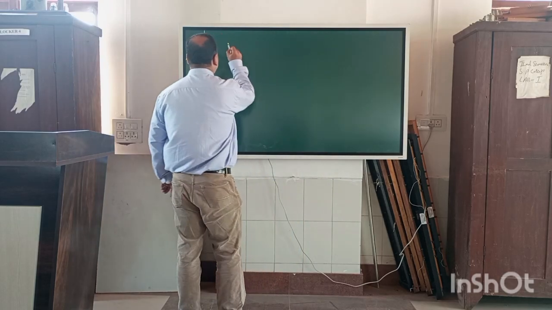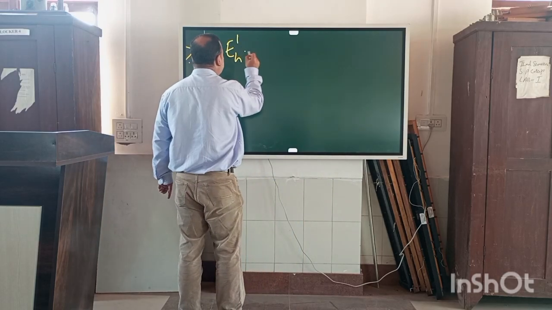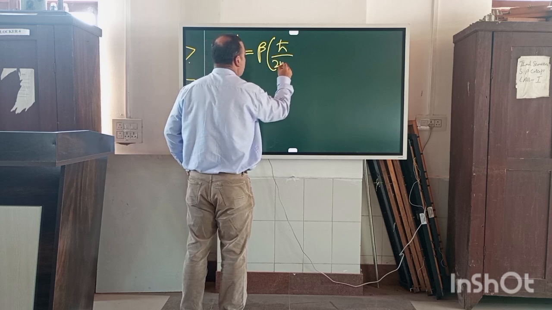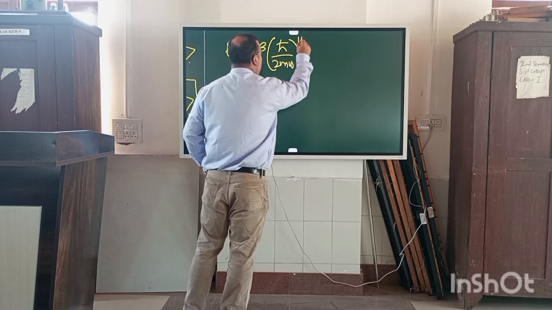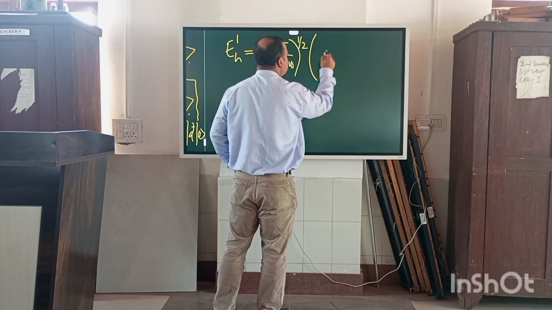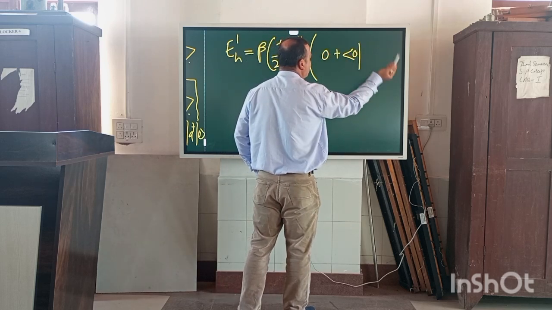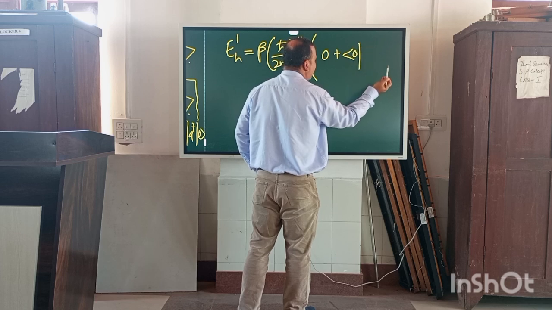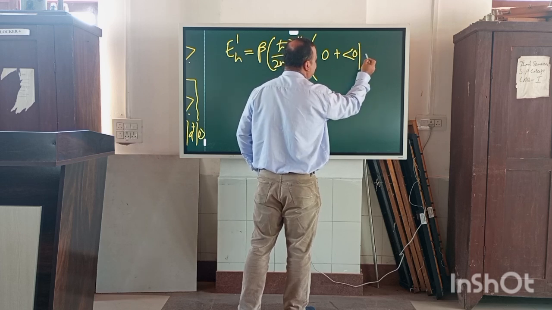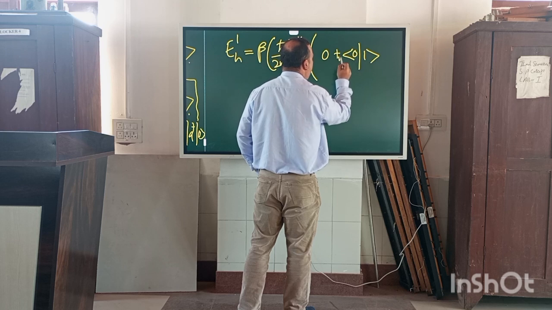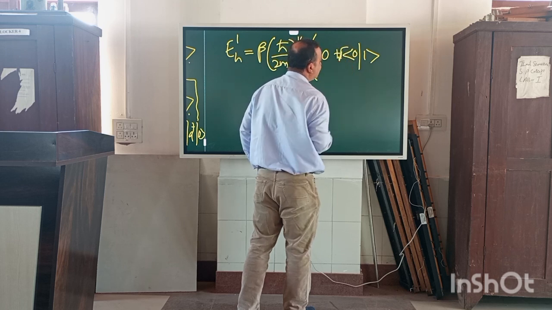So what we will have, En1, will be beta h bar by 2m omega raised power 1 by 2 times, 0 plus, you have the state 0, and you act your creation operator on the state 0. That will convert it into the state 1, and outside you will have the square root of 1.